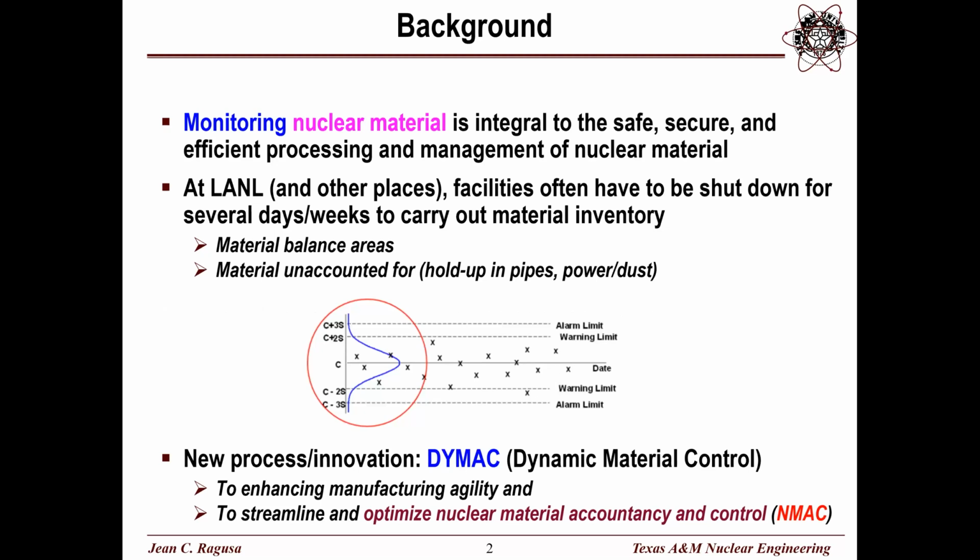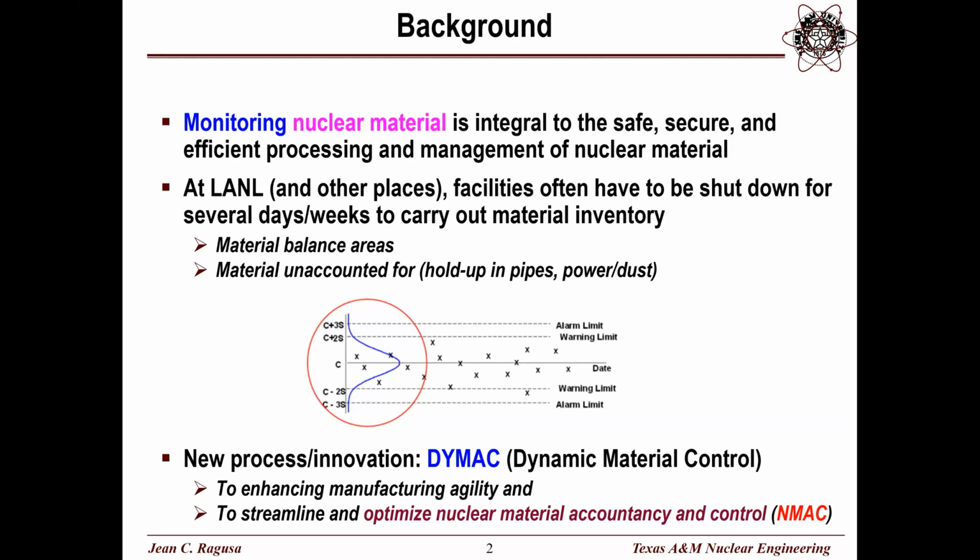So background: monitoring nuclear material is integral to the safe, secure, and efficient processing and management of nuclear material. Basically, you want to always make sure that you know where your nuclear material is. You want to account for every gram of it, or dozens of grams, or fractions of grams.